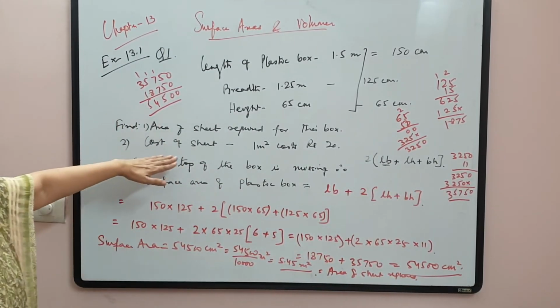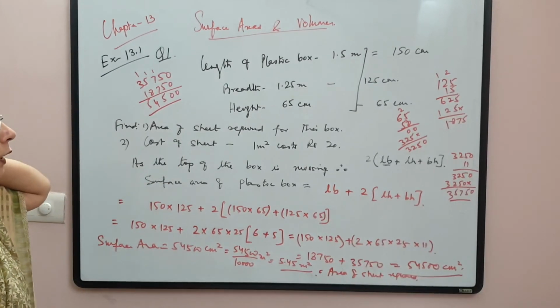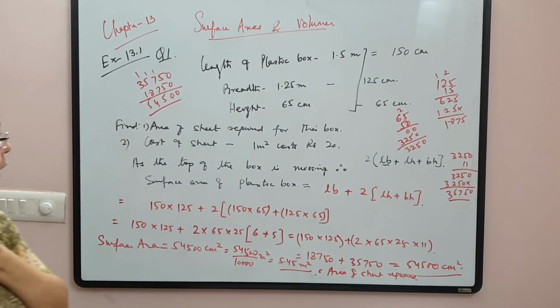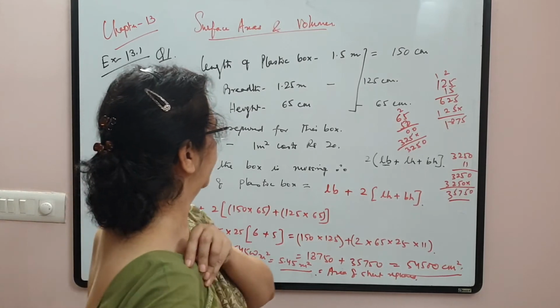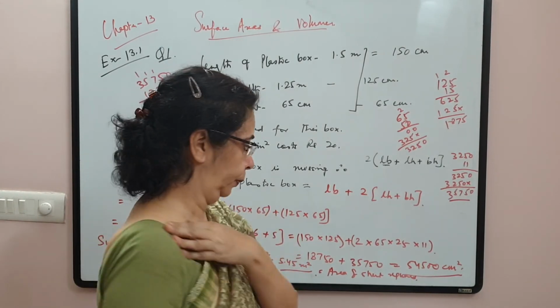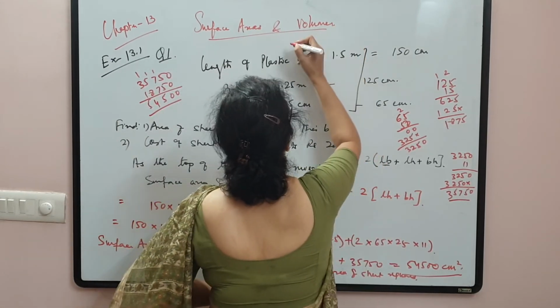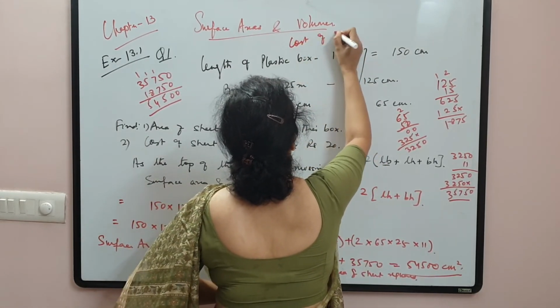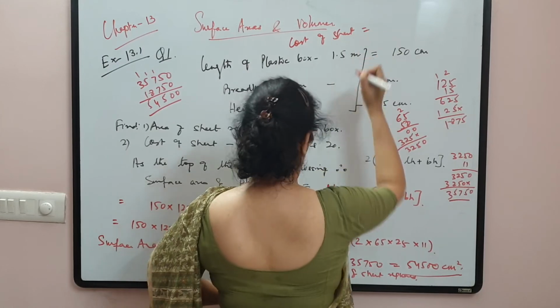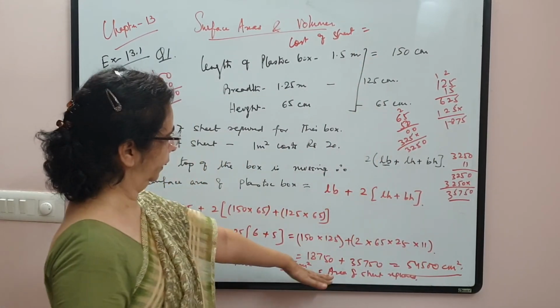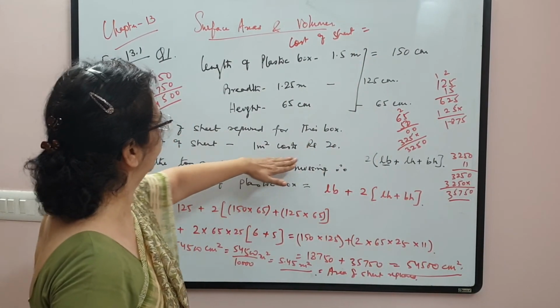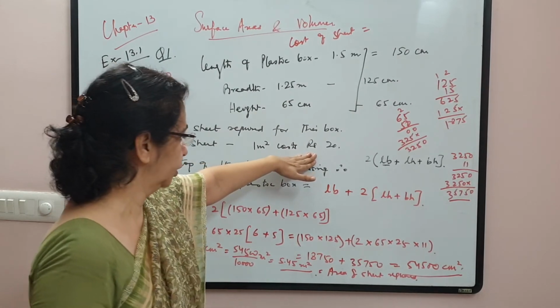Now children, there is another question also in this. They have asked you what is the cost of the sheet that you have to pay if the cost is, for every 1 meter square, 20 rupees. So children, the cost of sheet is the area multiplied by rupees 20, then you will get the cost of the sheet.